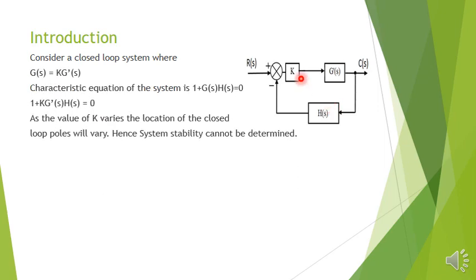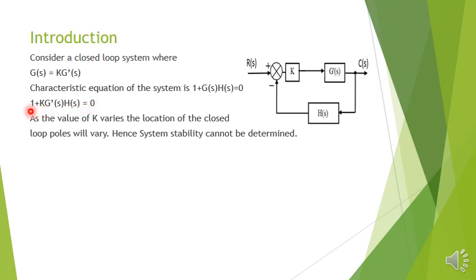For this system, the forward path transfer function is K into G dash of S, because these two blocks are series connected. So the characteristic equation becomes 1 plus K G dash of S H of S equal to 0.